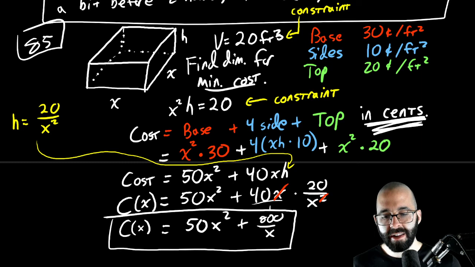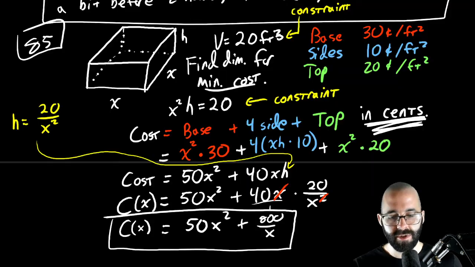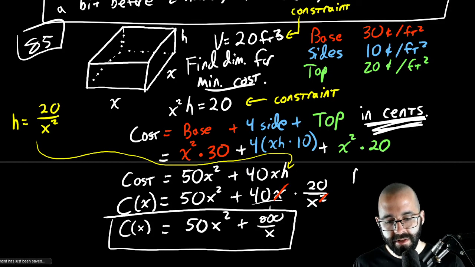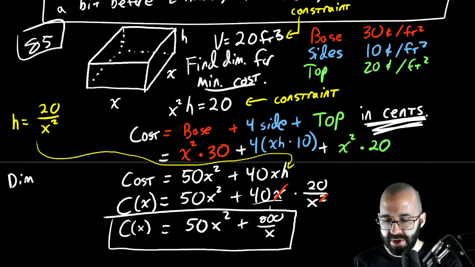All right, it wants to find the dimensions for a minimum cost. This says when x is equal to 2, the minimum cost is 600 cents. Our dimensions, okay, let's write it where you can actually see it. The dimensions are x is equal to 2. Our units are feet, so 2 feet by 2 feet.